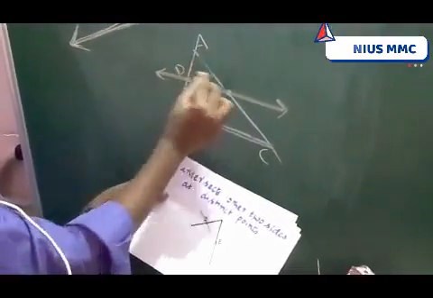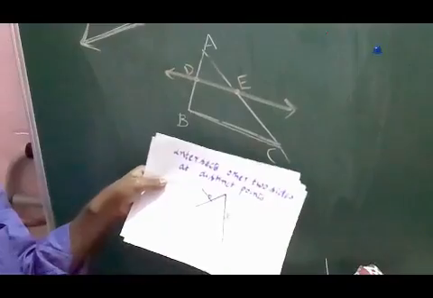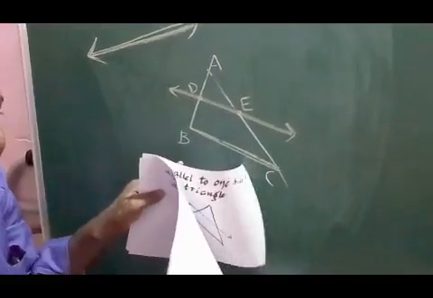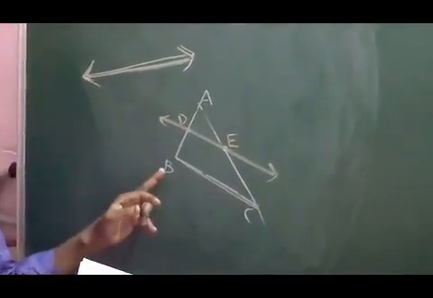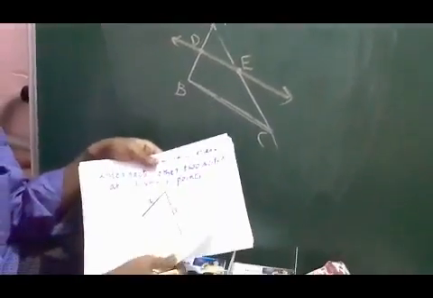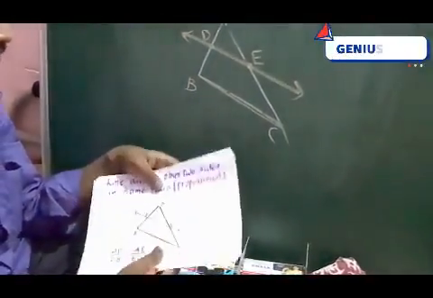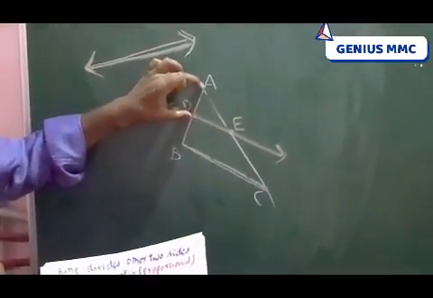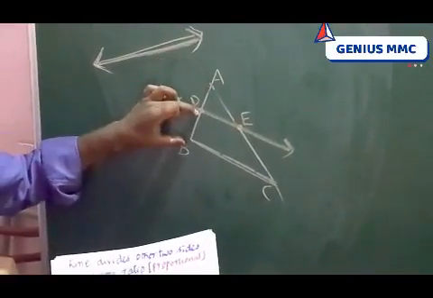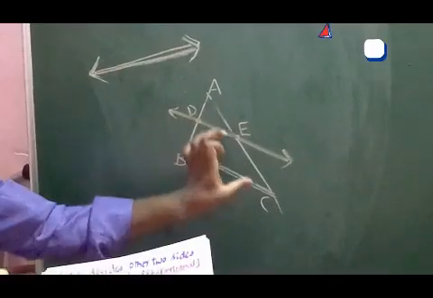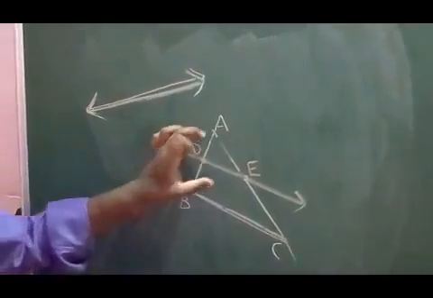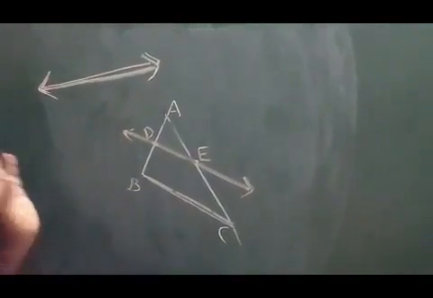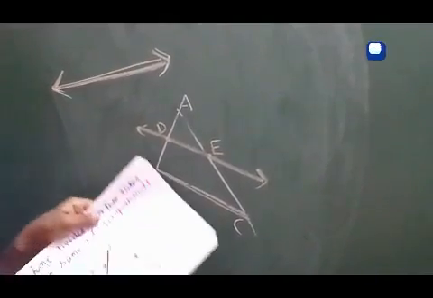I will mark these points as D and E. Next, side AB is divided into 2 portions, which are AD and DB. The next one is AE and EC. You measure the lengths, verify, and observe what happens. So let us see what happens.